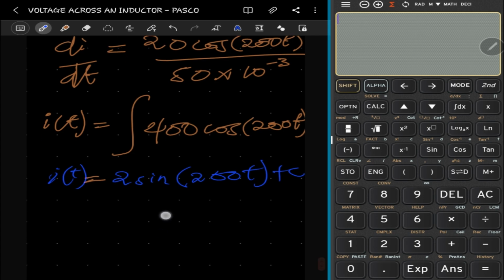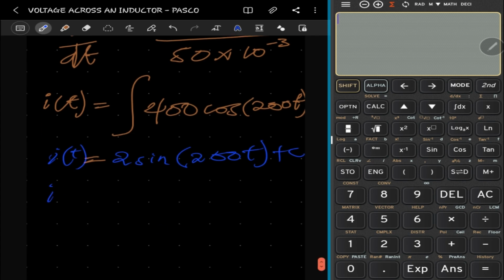But clearly it says that the initial current, so at time t equals 0, is 0, right? So that would mean that 0 is equal to 2 sin(0) plus c.